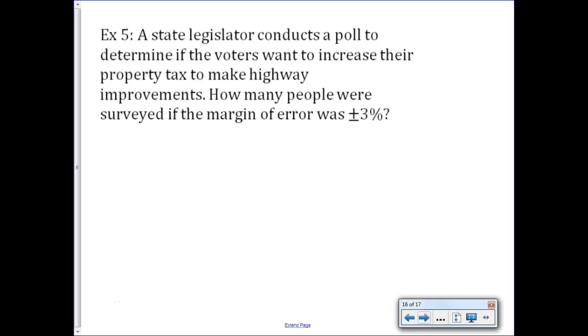This says a state legislator conducts a poll to determine if the voters want to increase their property tax to make highway improvements. How many people were surveyed if the margin of error was plus or minus 3%? Well, we would say plus or minus 0.03, which is 3% as a decimal, is equal to plus or minus 1 over the square root of n.